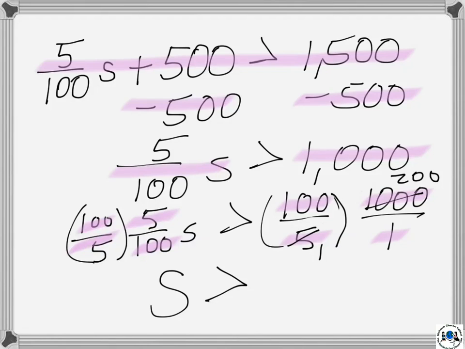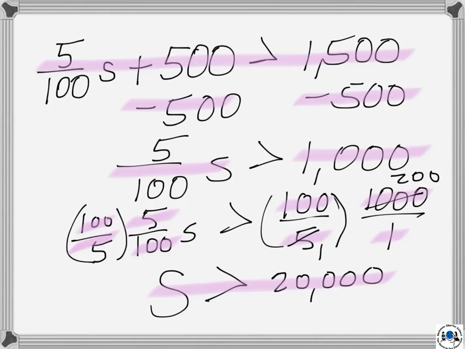So then 100 times 200 is actually 20,000. So Shane needs to have sales of greater than $20,000 in order for him to earn more than $1,500.